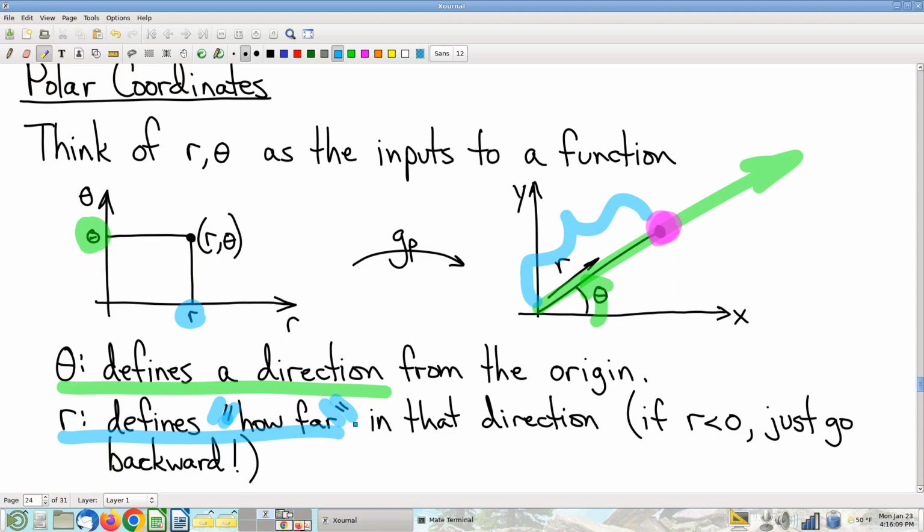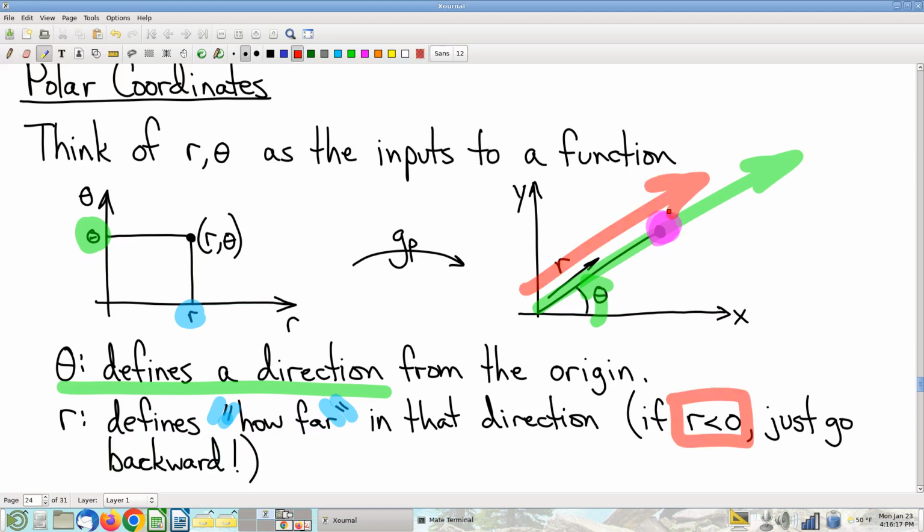We can totally handle the issue if you have a negative value of r. No problem. If this is what you do for positive, wouldn't it make sense that you just go the other way if r is negative? And that's all we do. If r is negative, then you just go backwards by that same amount, whatever the absolute value is. Okay. All right.